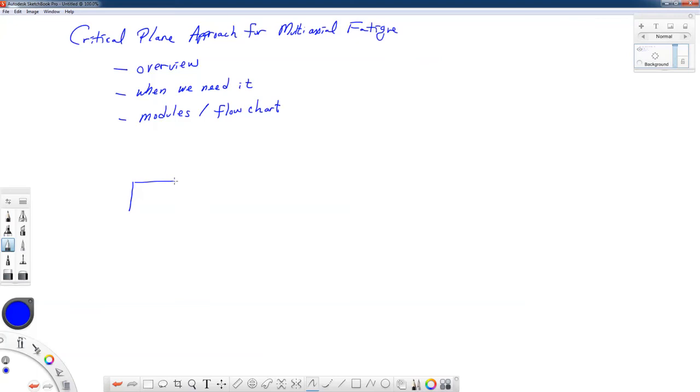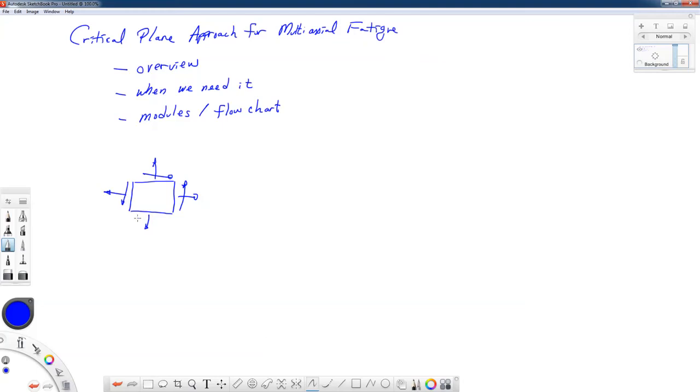Now, fatigue damage is often a surface phenomenon due to slip systems and intrusions and extrusions of the material. So typically we would have a state of stress that would be planar. Now it may not be fully plane stress.